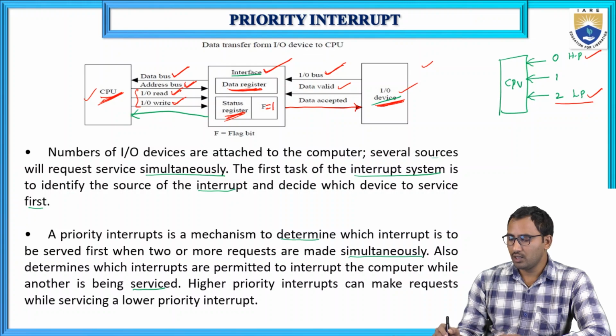The CPU will stop executing the lowest priority interrupt and service the highest priority interrupt, because it is 0, the highest priority. That's why the CPU will always service the highest priority task first. In this way, all the priorities will be serviced.